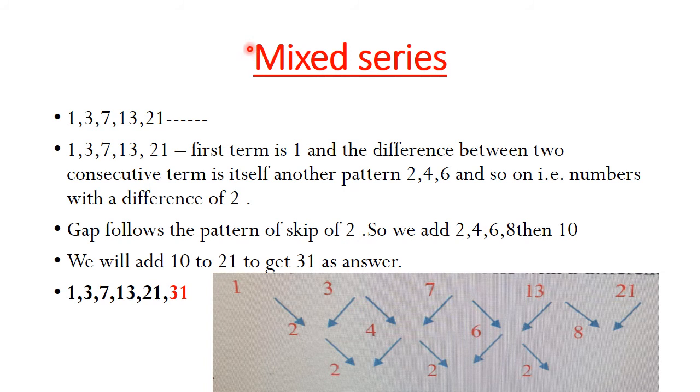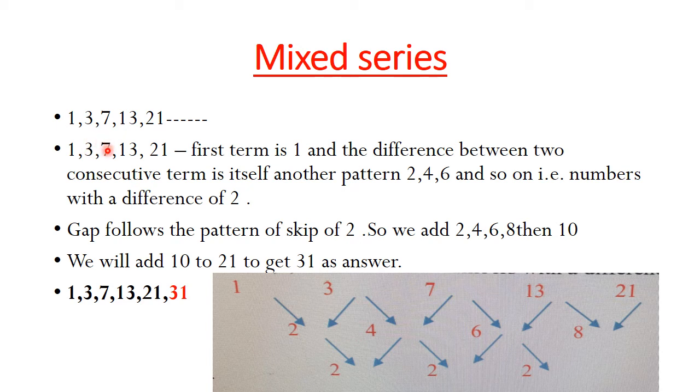Now we are going to discuss the other type of series, that is mixed series. Take an example of 1, 3, 7, 13, 21. It keeps on increasing, so the first step is complete. The second step is to check the difference. If we check the difference between 3 and 1, it comes to be 2.